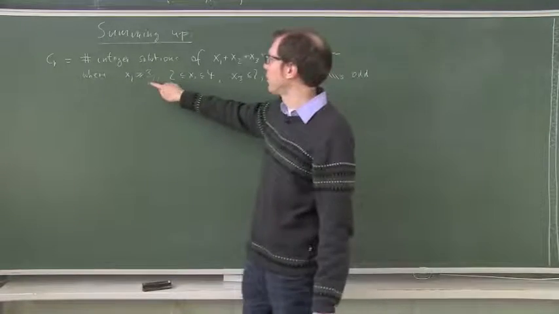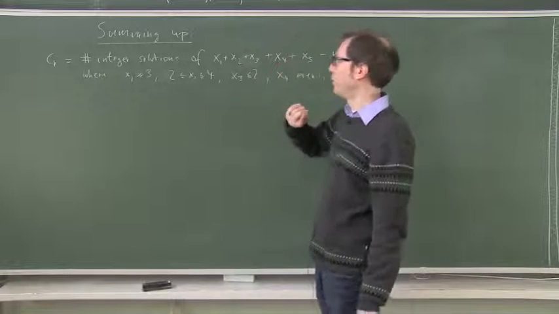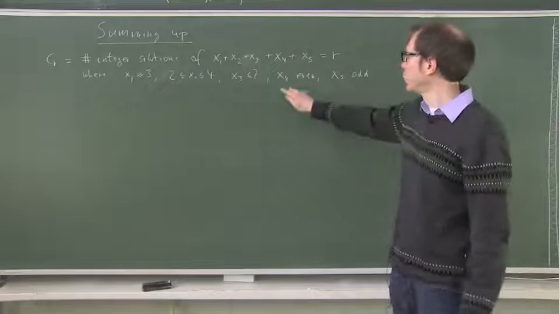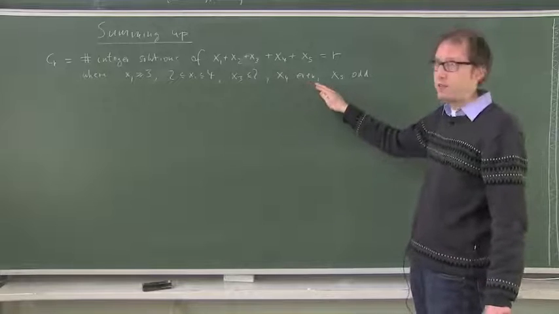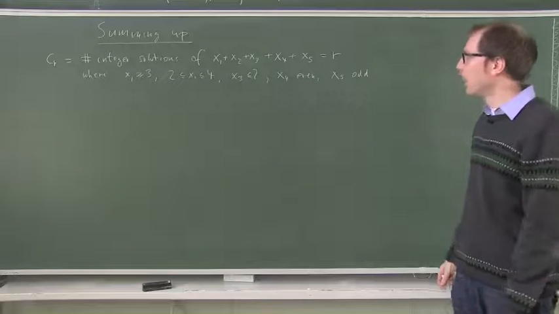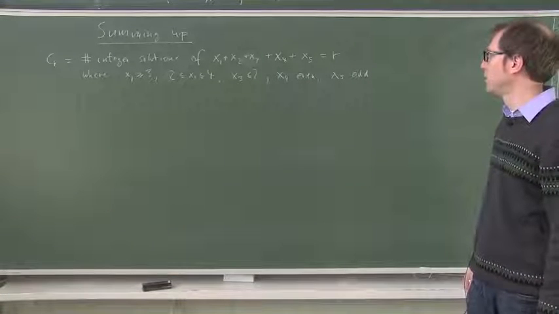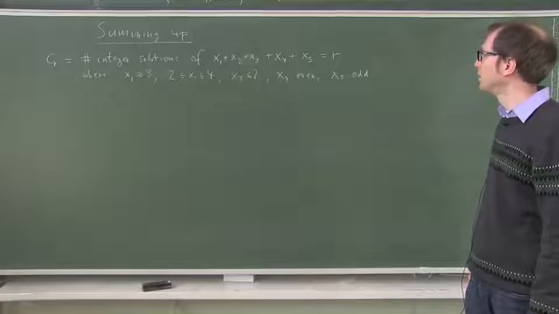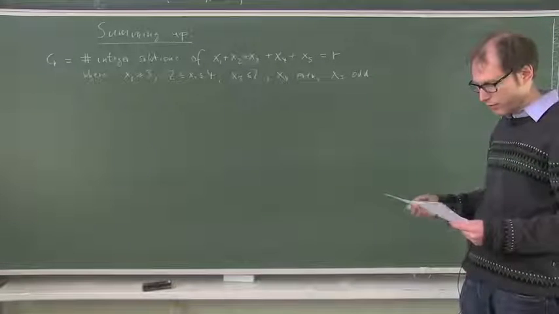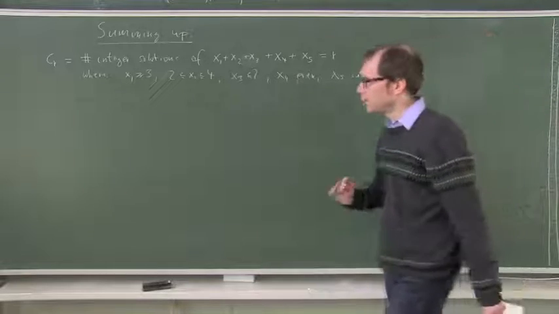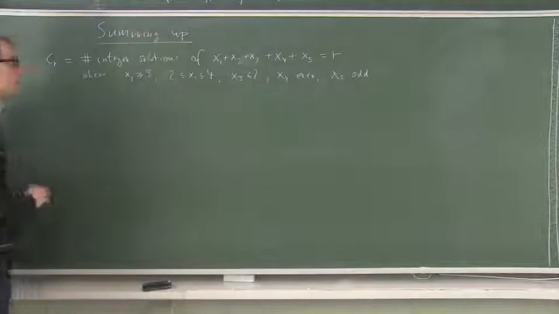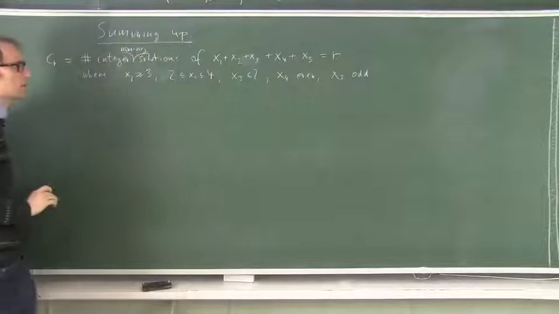Namely, x1 is at least 3, x2 should be between 2 and 4, x3 is at most 2, x4 is even, and x5 is odd. Okay, and I want not only integer, but I want all of them to be also non-negative. Okay, so no negative numbers here.